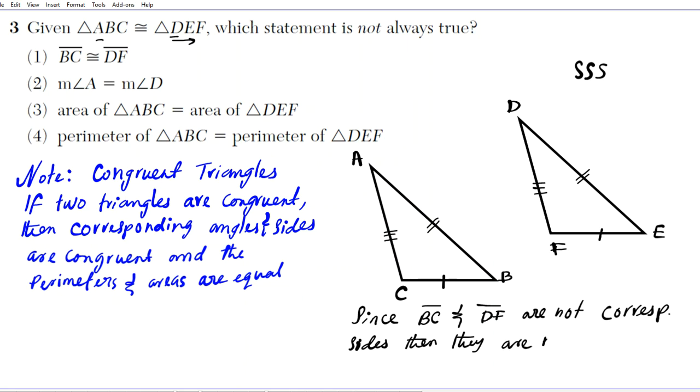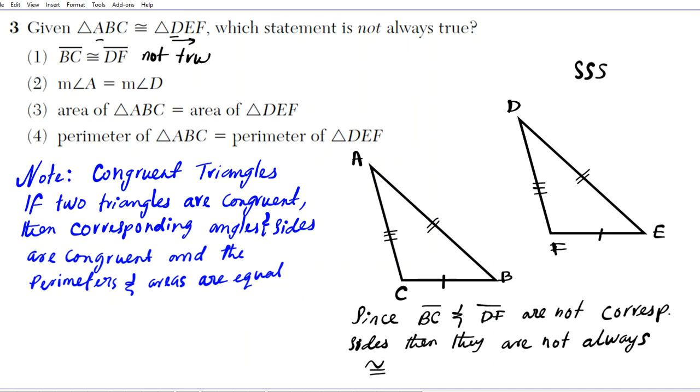They are not always congruent. When two triangles are congruent, in order for two sides to be congruent always, they must be corresponding, and that is not the case with option 1. Okay, so this is not true.